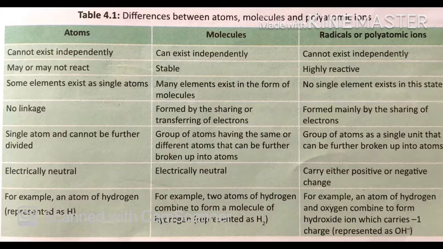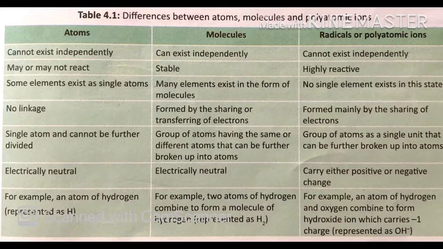Then the third point is that some elements exist as a single atom, and many elements exist in the form of molecules, and no single atoms exist in the state of radical.